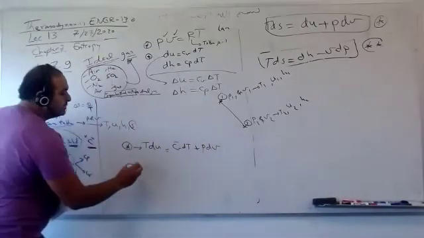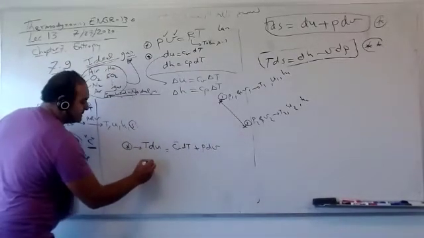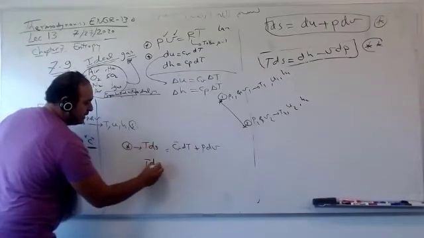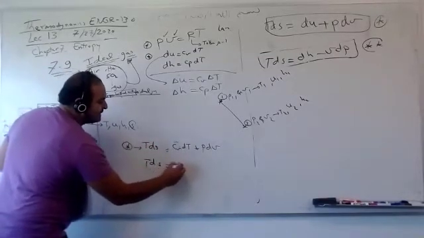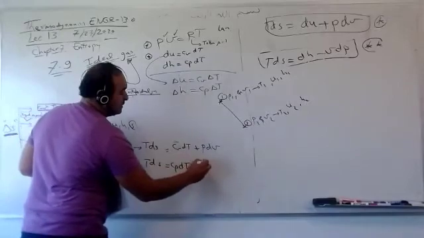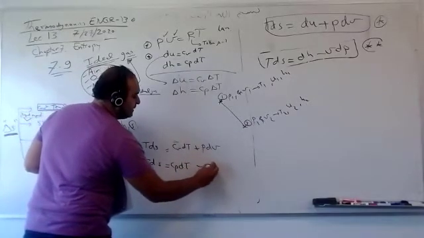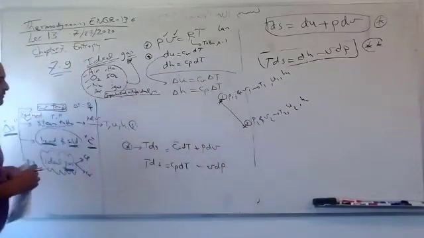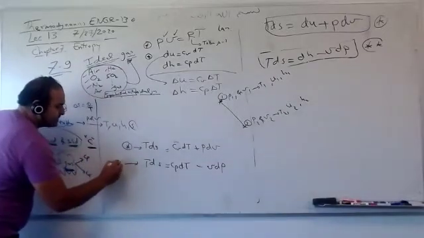The second equation, T delta S, actually this is delta S, I'm sorry, equals Cp delta T plus or minus V dP. Correct, guys? From equation double star and equation single star.